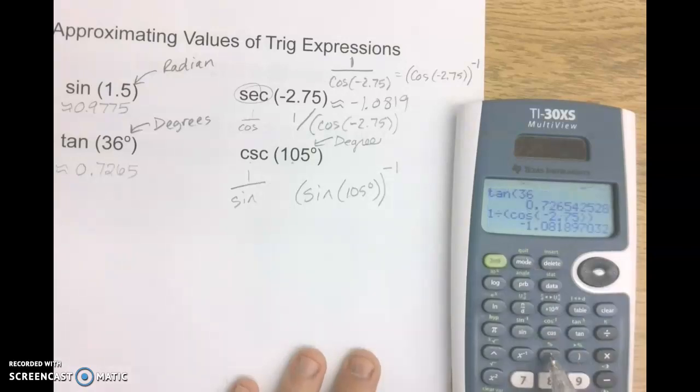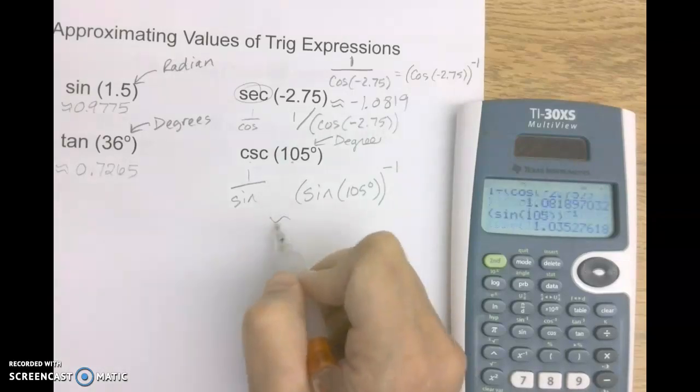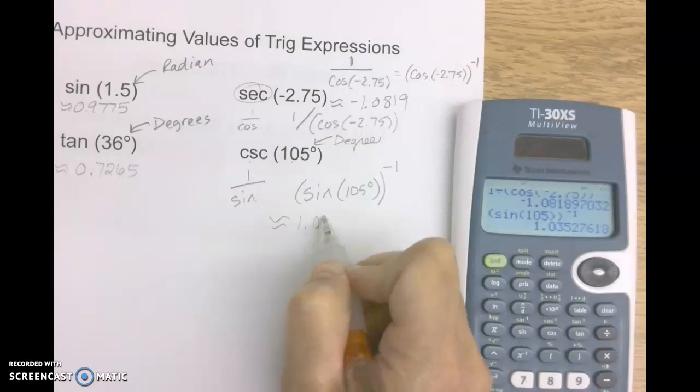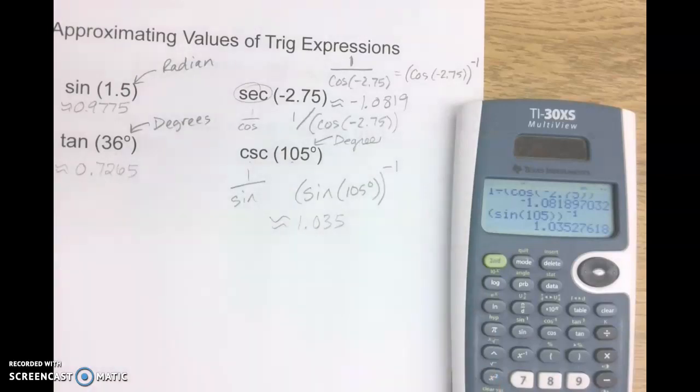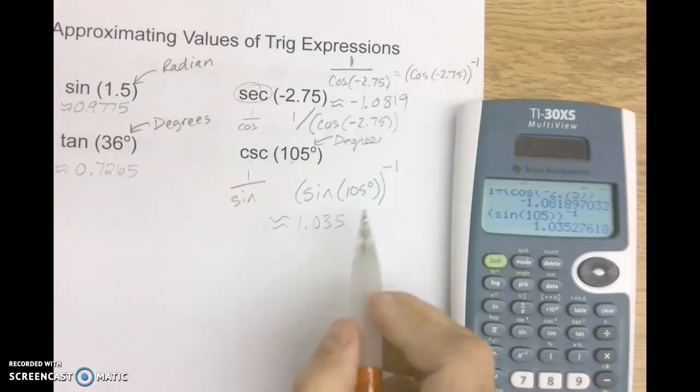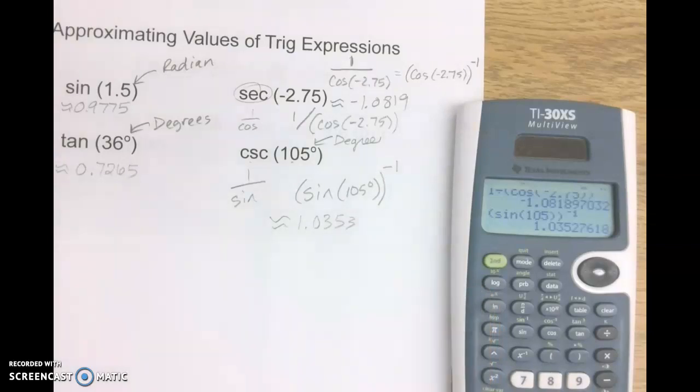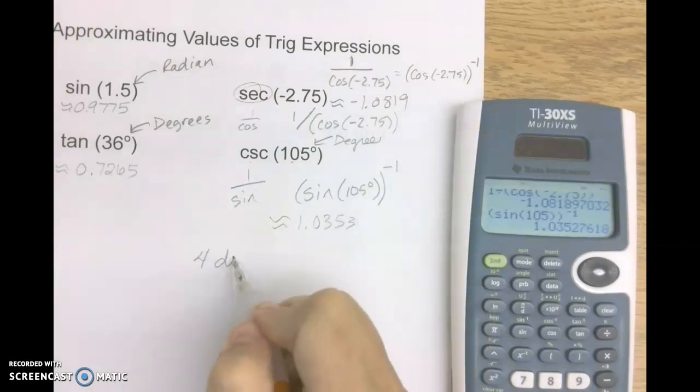Then I press parentheses, sine of 105 degrees, close parentheses, raised to the -1 power. You see that right there? -1 power, and hit enter. This is approximately 1.035. I usually take 4 decimal places.